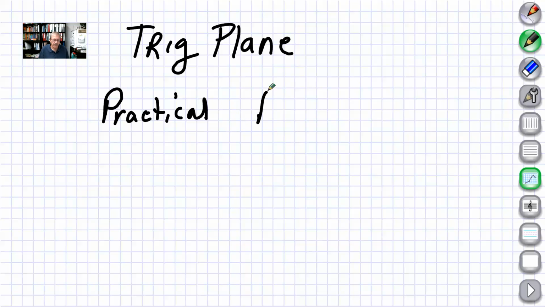The other part of trig is what we call the abstract part. The abstract part deals with graphing functions and working with complex problems like polar coordinates and inverse functions and things like this.